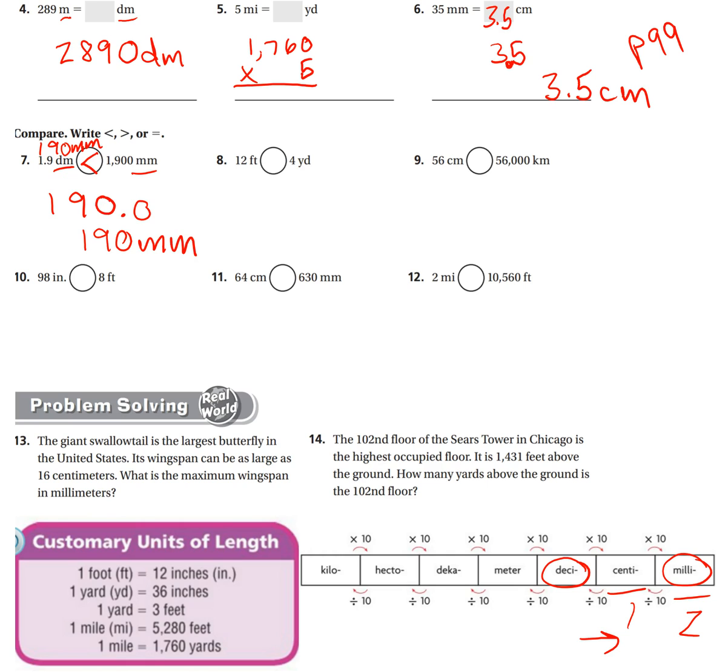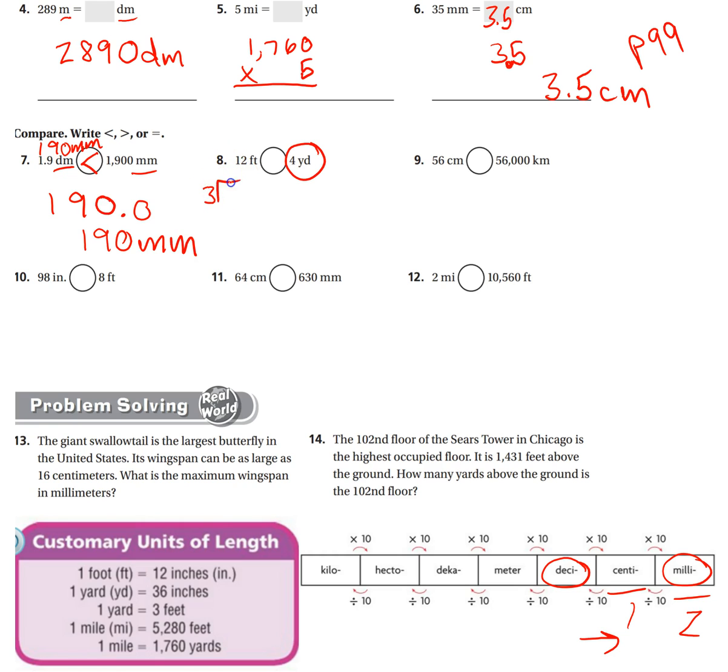Okay. Let's go to number 12. Again, you can change them both to feet or both to yards, and this is where knowing your math facts can be helpful. So here, I know that 3 can go into 12 nice and easily, so I'm going to change them both to yards. This one already is yards, so I leave it alone. And there's 3 feet in 1 yard.